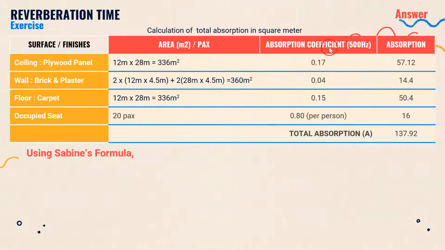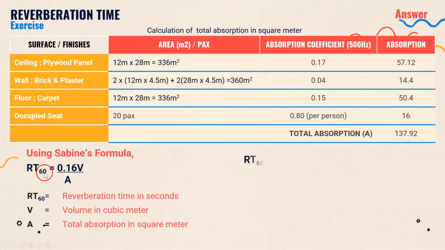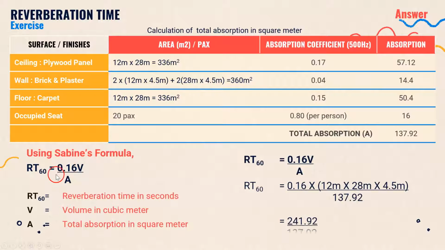Now, based on the extracted data, it is clearer and easier for you if you put it in a table like this. So based on Sabine's formula, RT equals 0.16 V over A. So 0.16, and then this one is the volume, so take 12 times 28 meter times 4.5 meter.